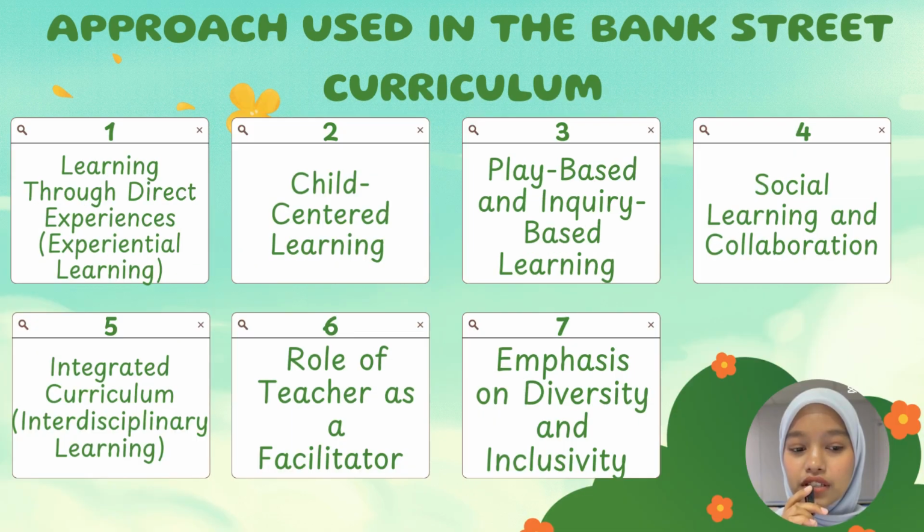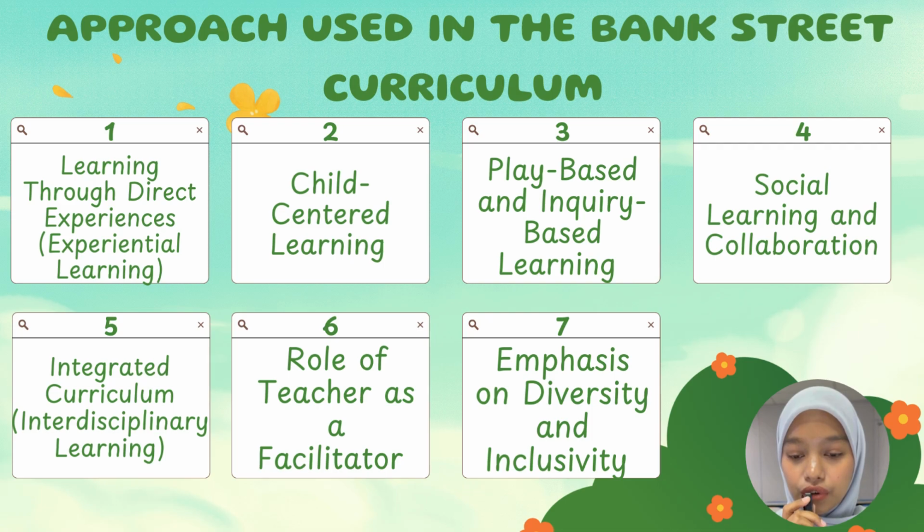We have 7 approaches used in the Bank Street curriculum. 1. Learning through direct experience. The Bank Street approach is based on the principle that children learn best through direct experience rather than passive instruction.